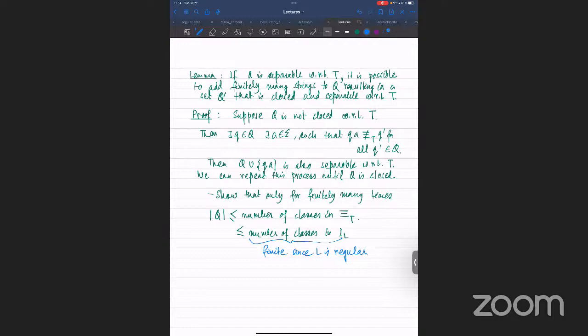If you're adding this, right? You can at most get the number of classes in this T equivalence relation, and that is finite, right? So you can add finitely many strings to Q, right? Until you get the closure property. Okay.